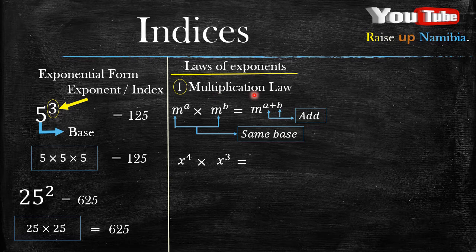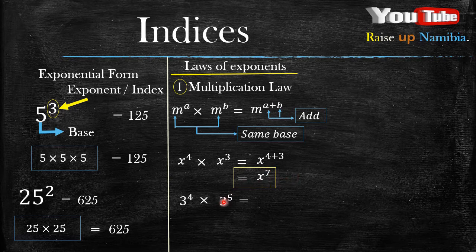The multiplication law says that if you have the same bases, you need to add the exponents. So what are our exponents here? We have 4 and we have 3. So we add the 4 and the 3. What is 4 plus 3? We get 7. So our answer will be x raised to the power 7. Let's look at another example.